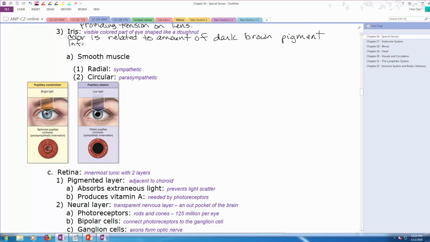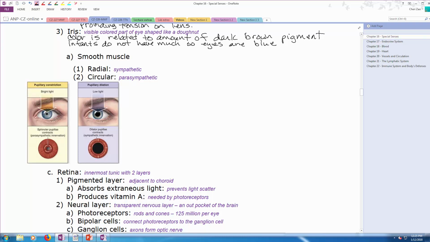Infants, Caucasian infants, do not have much of this nice dark brown pigment, so their eyes are almost always blue.